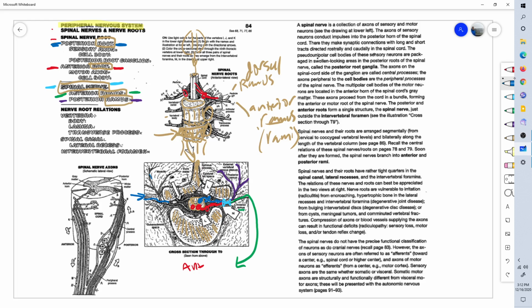Let's say it comes through the back right here. Through the spinal nerve, through the dorsal root ganglion, where its cell bodies are, pass through the dorsal root and into the posterior horn of the spinal cord, the gray matter of the spinal cord. That's sensory information. That's afferent.